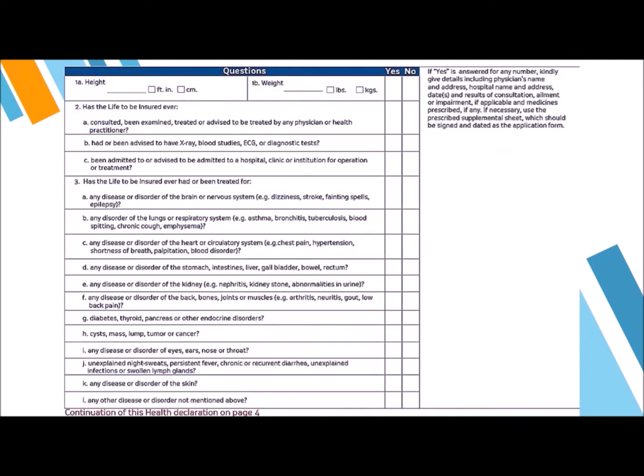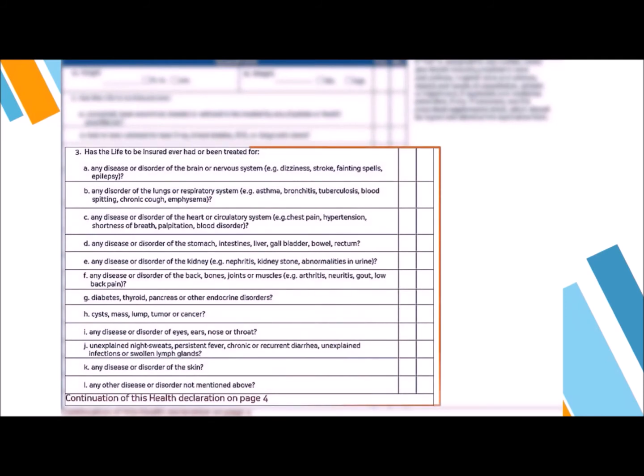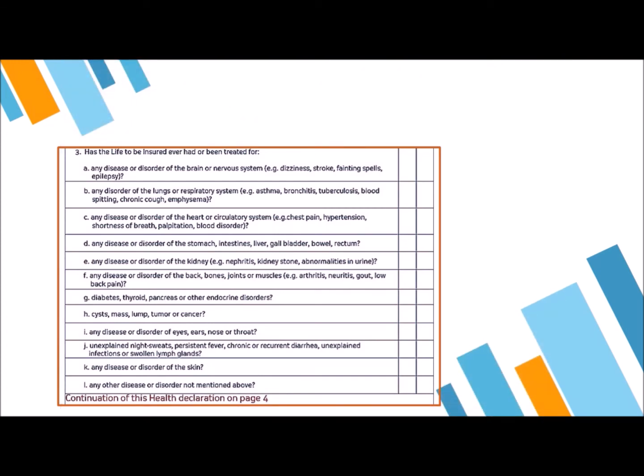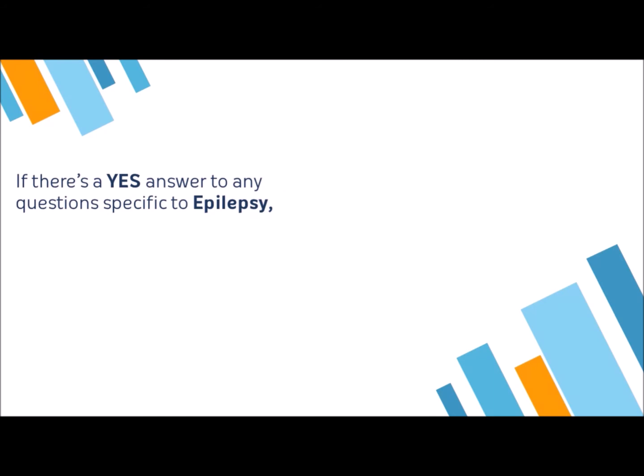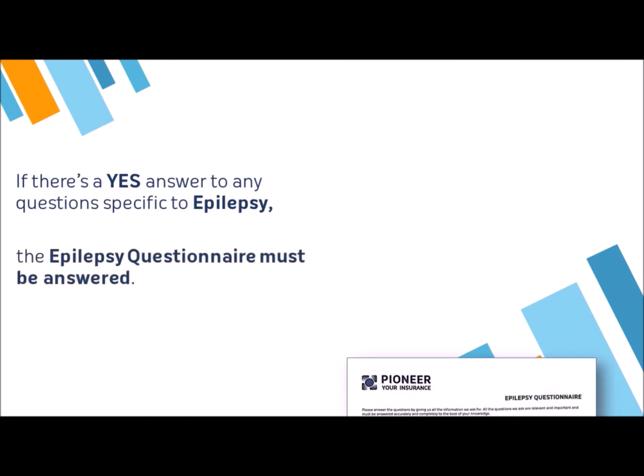Item number 3 of the Health Declarations questionnaire specifically asks about different diseases or illnesses. If there's a yes answer to questions specific to epilepsy, the epilepsy questionnaire must be answered.